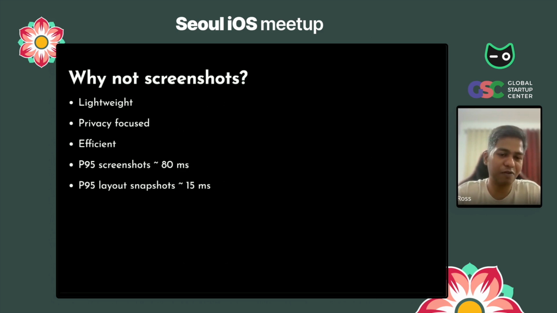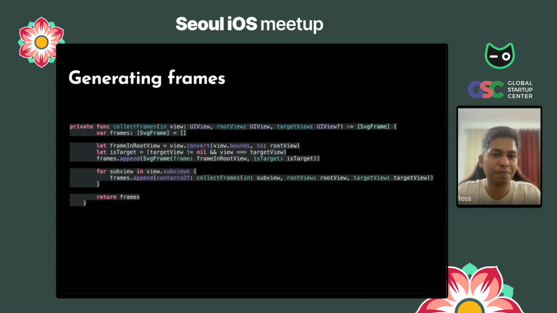So because we are able to generate these layout snapshots that are so lightweight and so efficient, we got this superpower that we could attach layout snapshots for every single gesture that was provided by the user, without actually having a lot of trade-off in terms of efficiency and space. So that's what we went ahead and did.